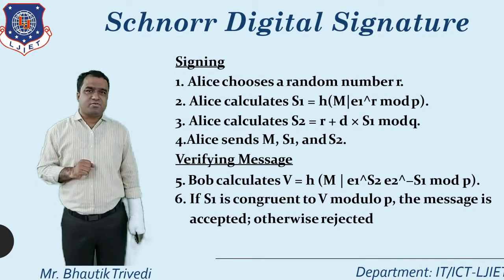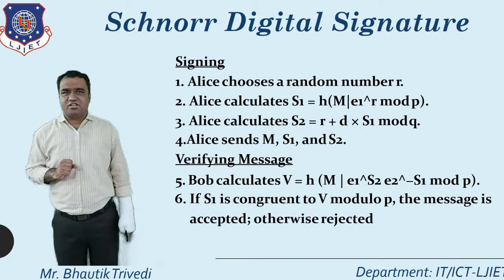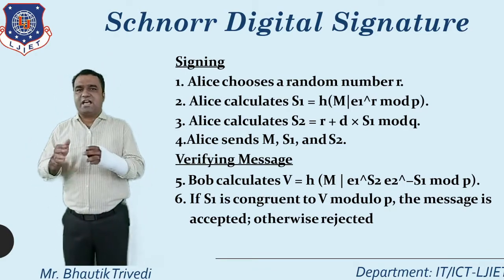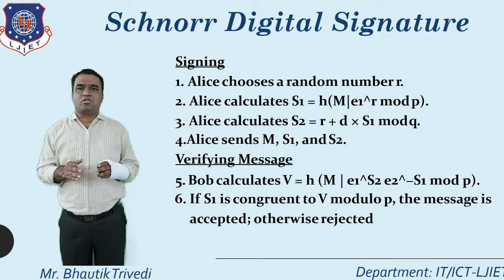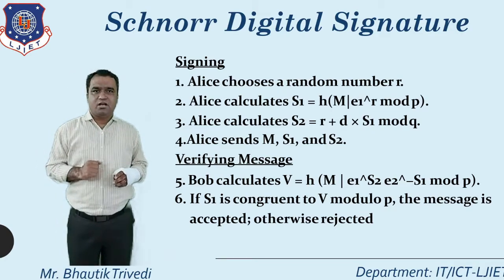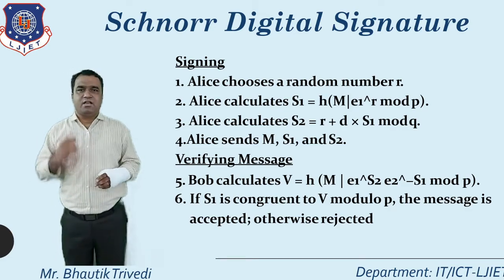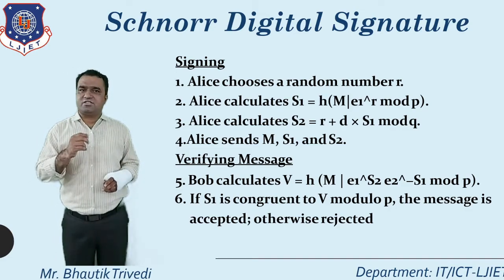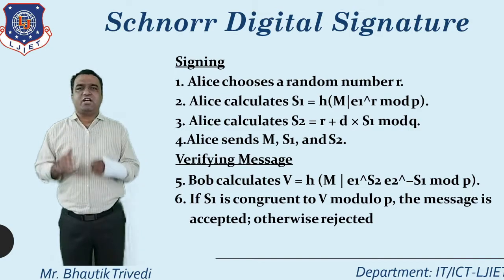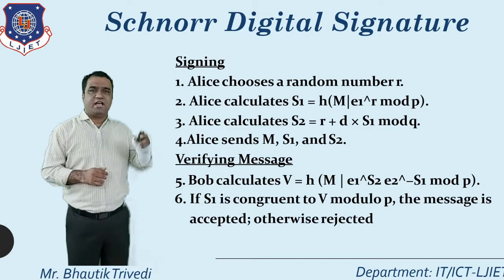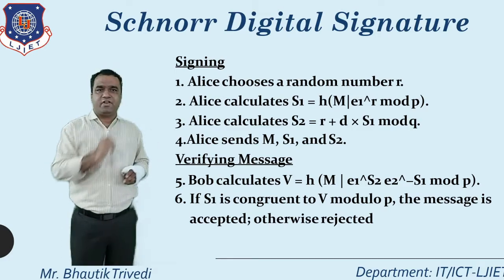The last steps of this Schnorr digital signature I already discussed using the diagram. First, in the signing phase, you select one random number. After selecting the random number, you calculate S1 and S2, which is the signature. After calculating S1 and S2, you send S1, S2 and M to the verifying phase.